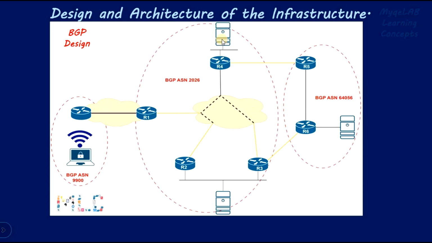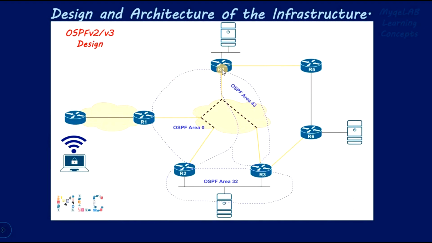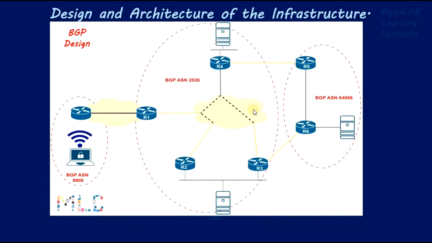And by the way, once we advertise them into BGP, all of this should be fine. But if we have redistributed connected into OSPF, as we had it here, we then have to redistribute OSPF into BGP in order for these sites to get them. So there is no need, we just put them into BGP right away.